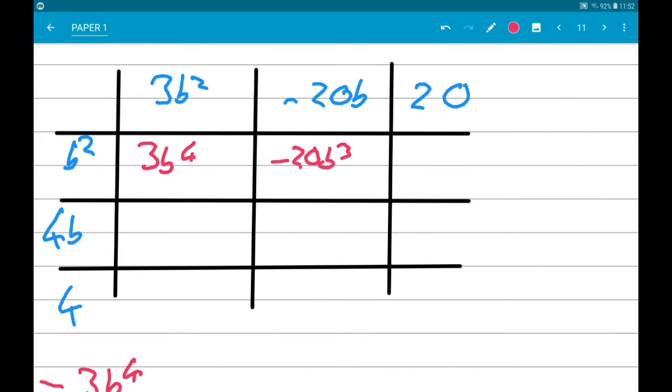And then we're going to get 20b squared. Okay, then 4b times 3b squared is 12b cubed. So there are all b cubed terms. So 12b cubed minus 20b cubed is minus 8b cubed.